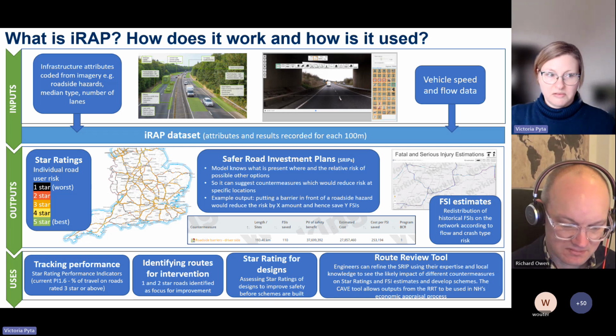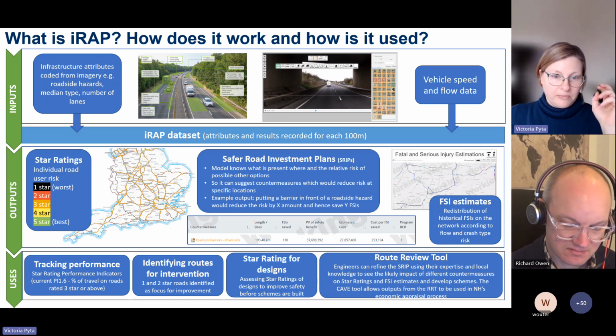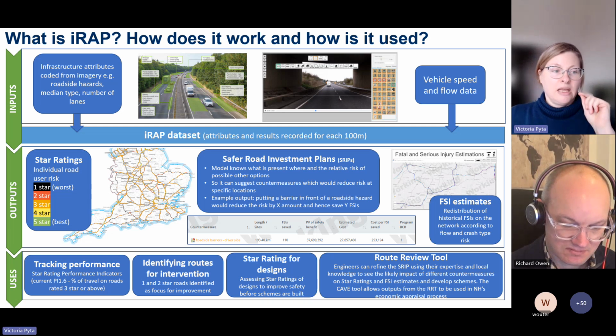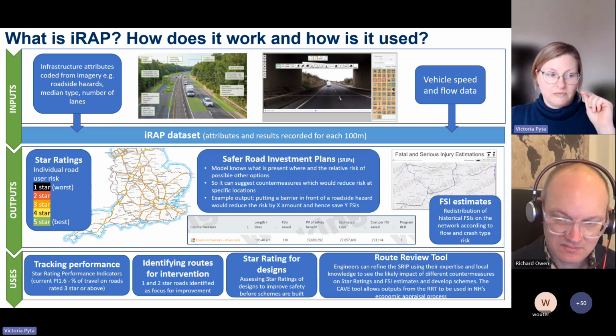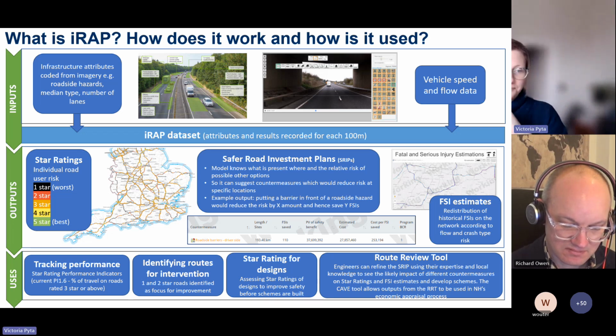I'm going to ignore the stuff about safer road investment plans on this because it's not quite relevant to this particular presentation and the FSI estimates. In terms of a performance indicator, we use the IRAP metric partly to track performance, but also to motivate improvements and to identify routes for intervention that can help us to make improvements to that indicator.